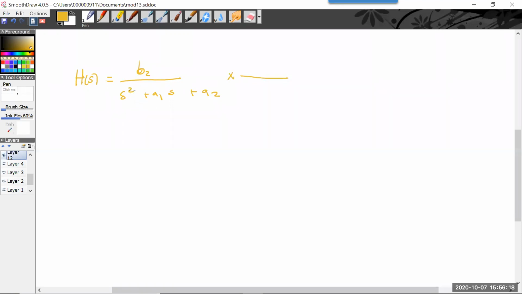So if S squared is the highest order in the denominator, multiply everything through by 1 over S squared. Now I get B2 divided by S squared. I get 1 plus A1 divided by S, and then I get A2 divided by S squared.